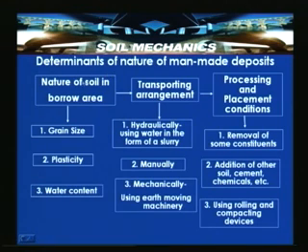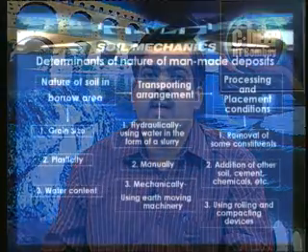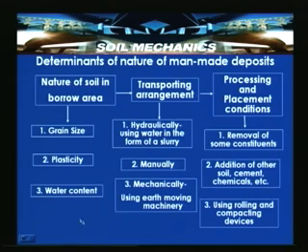So, the nature of the soil in the borrow area depends upon the grain size, that is the particle gradation, and plasticity, the plasticity characteristics, whether it is a highly plastic soil or a low plastic soil, and water content, that is the natural moisture content at the borrow area. So, the nature of the soil in the borrow area is governed by three properties: grain size or particle gradation, plasticity, and water content.